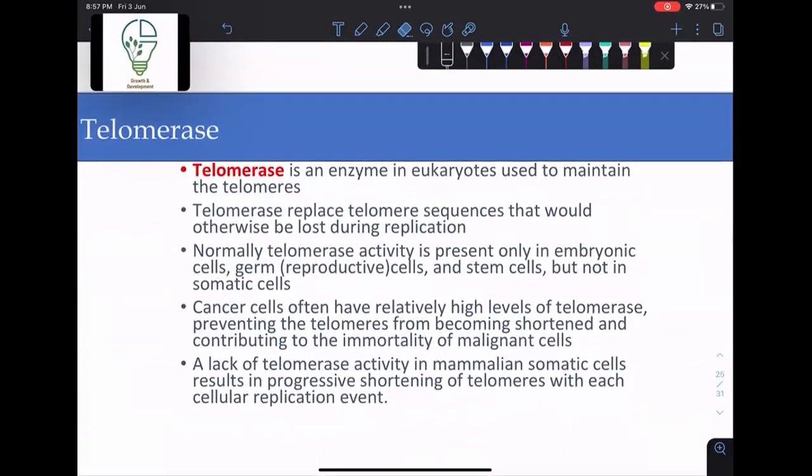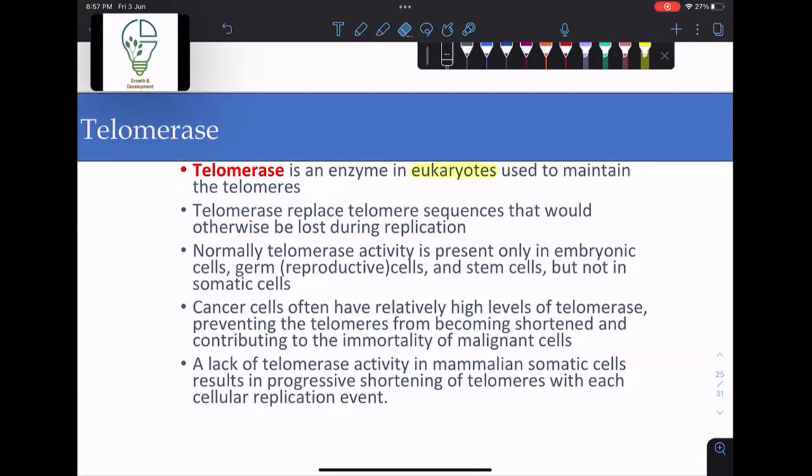Thankfully, in our body we have an enzyme called telomerase. It's present in eukaryotes, first of all, and it's there to maintain the telomeres. It takes care of the telomeres and replaces any sequences that would have been lost during replication.